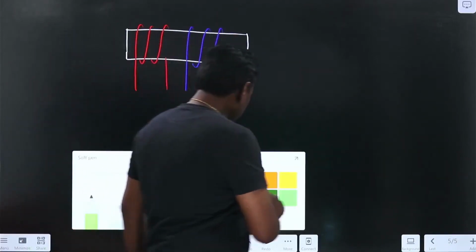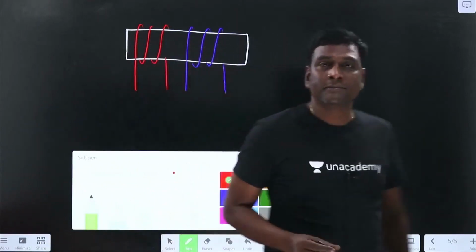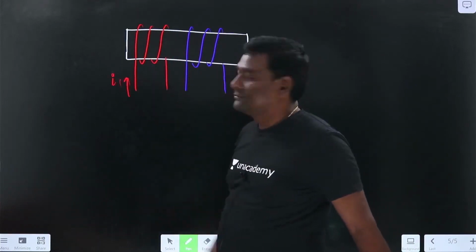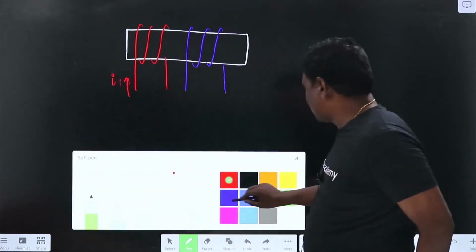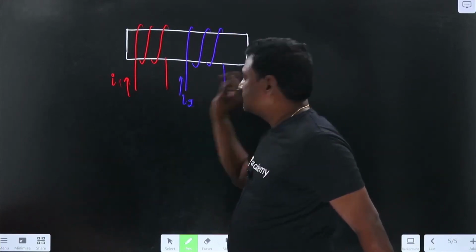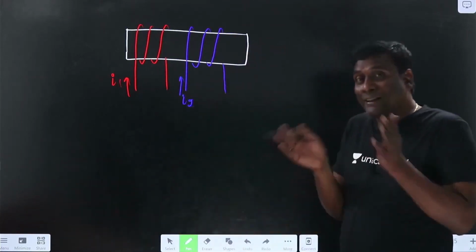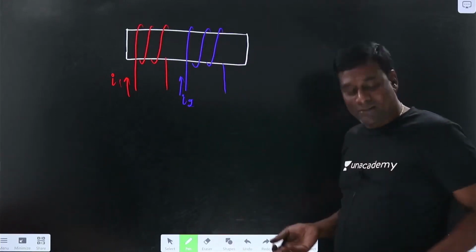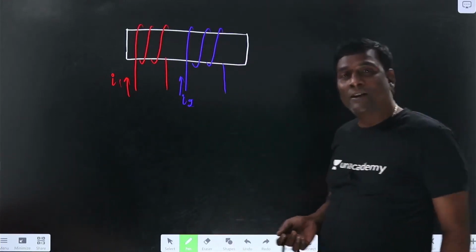In this, let me have currents. If some current is flowing in this direction, which is I1, and some current is flowing in this direction, which is I2, now let us interact both the things. Then gradually you are going to have addition, subtraction of fluxes, etc.